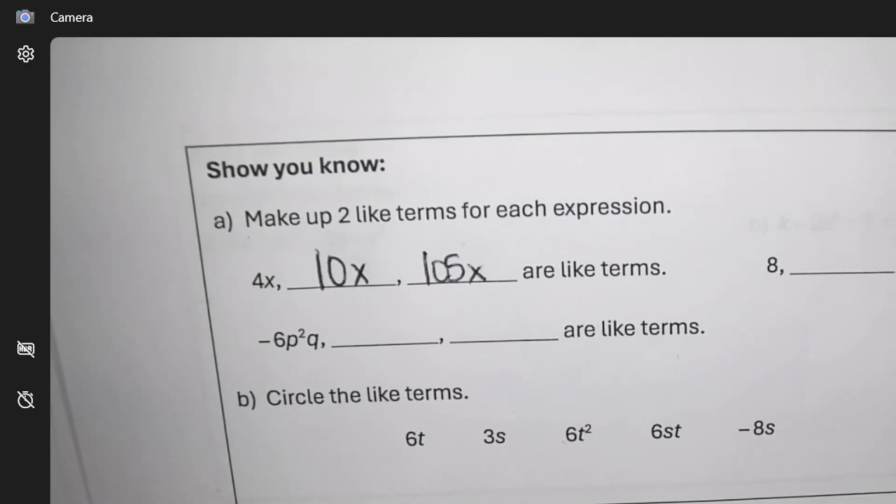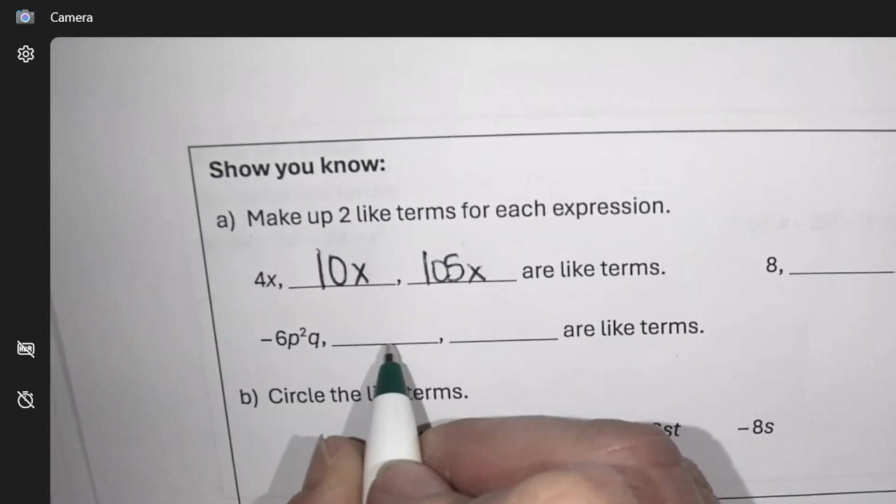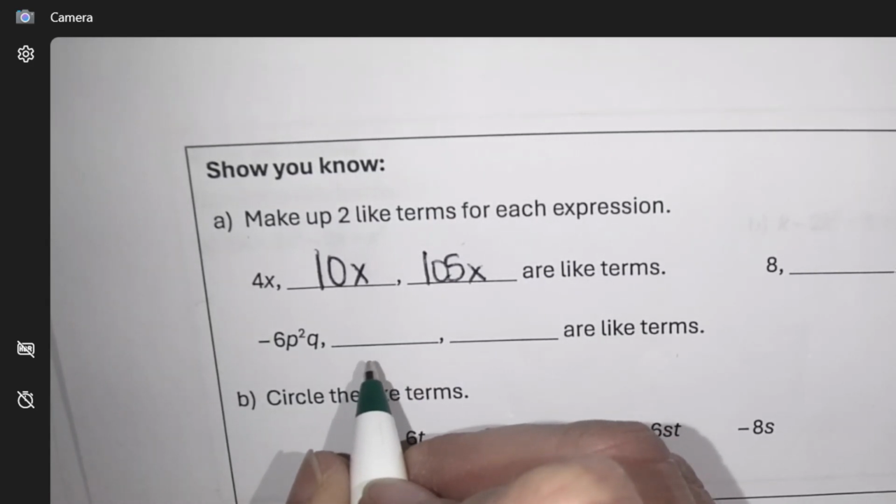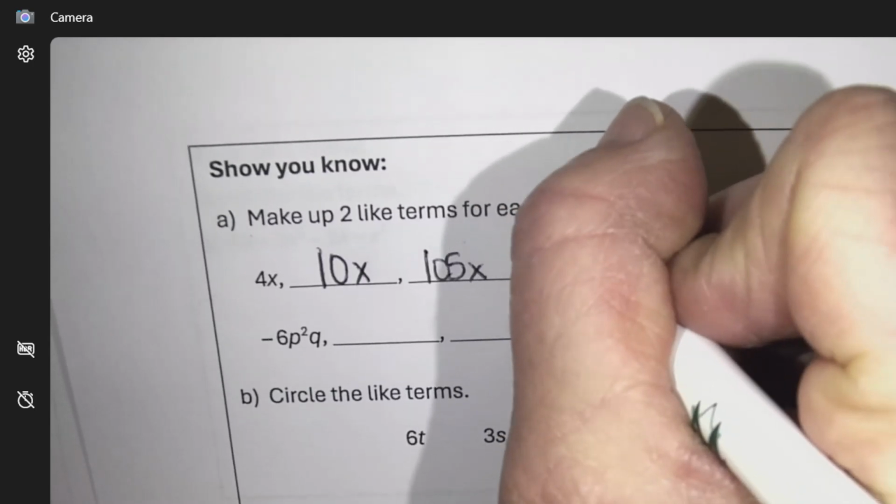Can the number be negative? Yes. You want a decimal? You can be like a half x, like that. I really don't care what's in front as a number. All I care is that the variable part just says x.